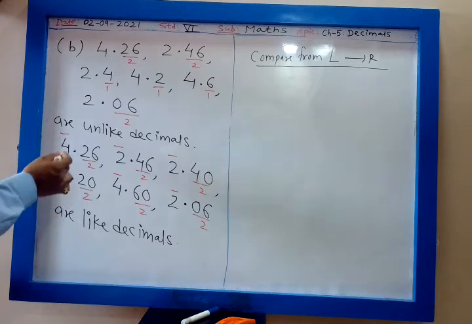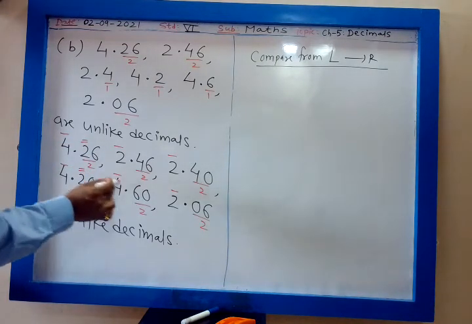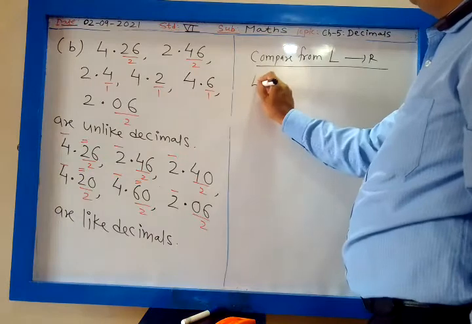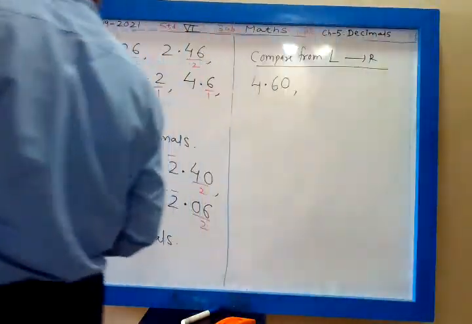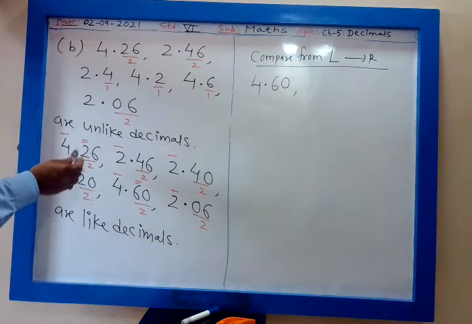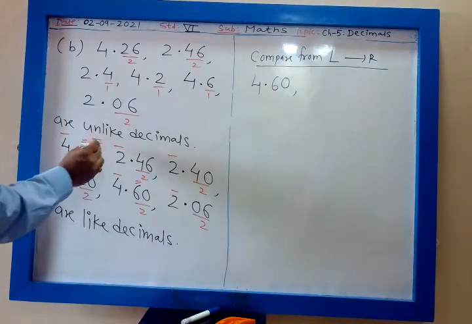Let us see the next digit: it is 2 and it is 6. Which is maximum? 6. So 4.60. Then after 4.60, the next digits are 2, 6, 2, 2, 0.